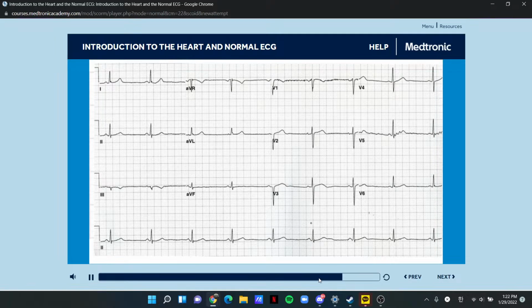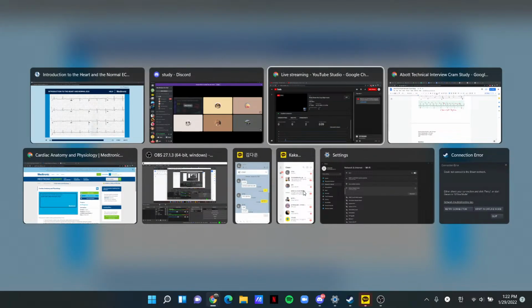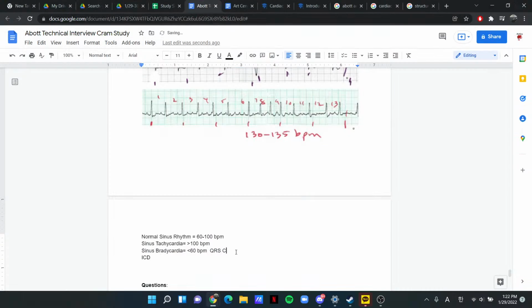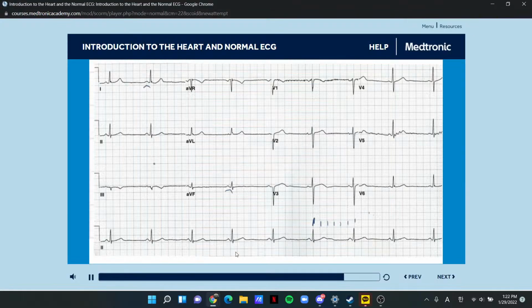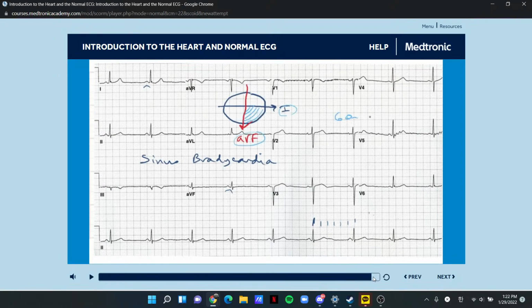And if we find one that lands on a heavy line and count off the intervals 300, 150, 100, 75, 60, 50, it's just a bit faster than 50 beats per minute, with upright P waves in 1 and aVF, and normal intervals indicating the diagnosis of sinus bradycardia.